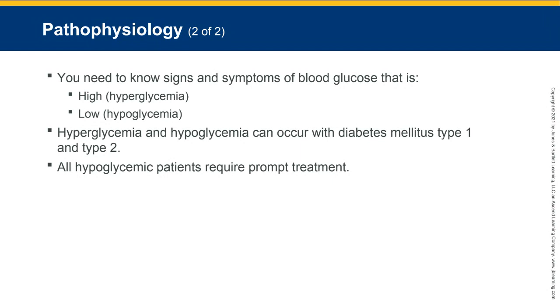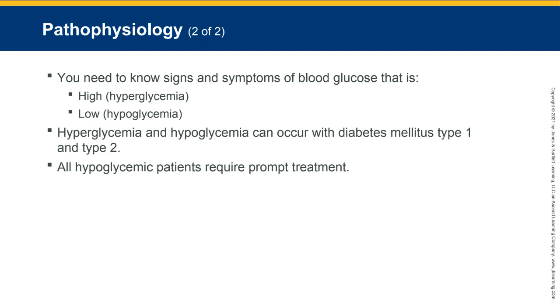A patient who has diabetes mellitus can have issues with high blood sugar, and they can have issues with low blood sugar. Hyperglycemia and hypoglycemia can occur with diabetes type 1 and type 2.